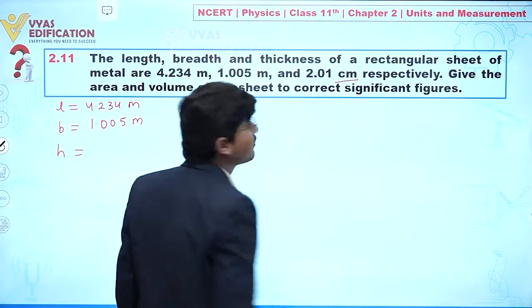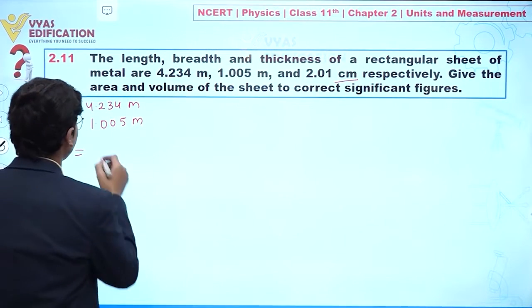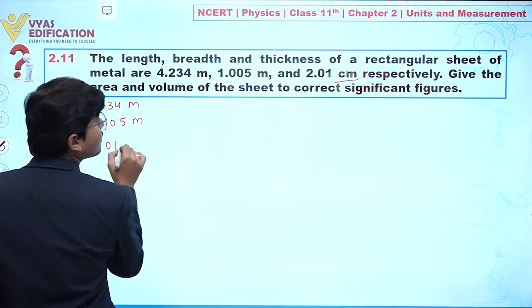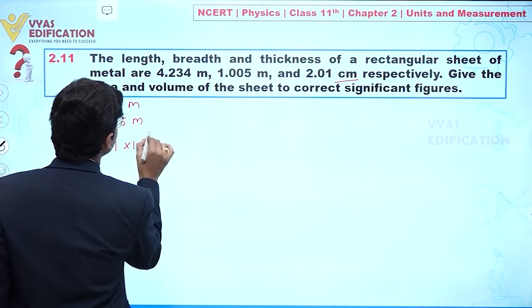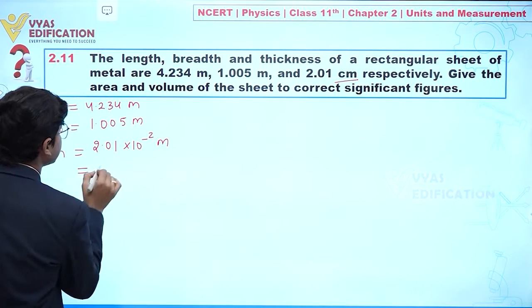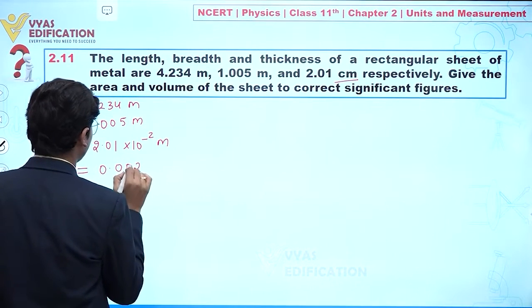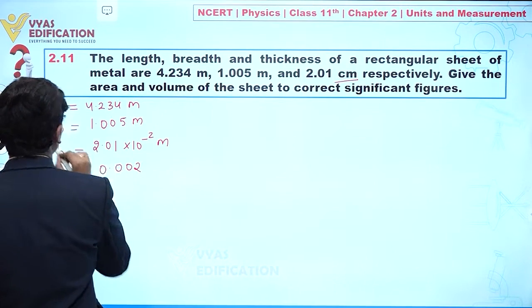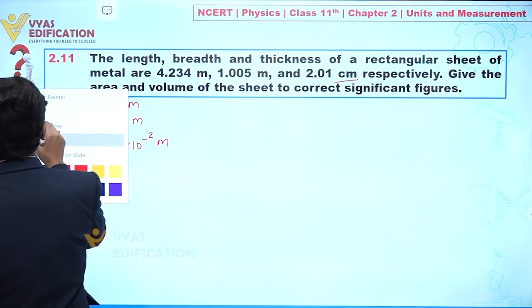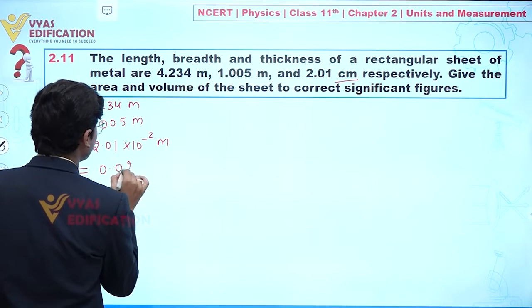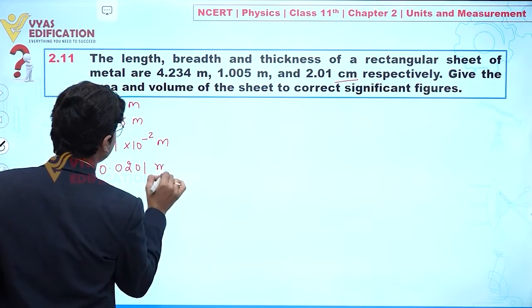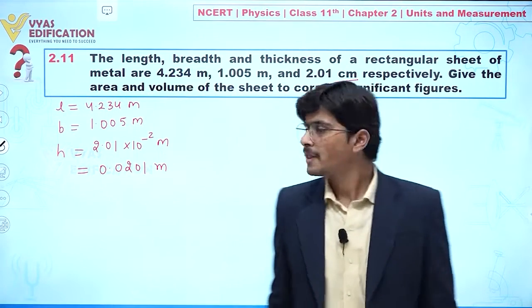Always keep in mind you have to convert this into meter. So 2.01 into 10 to the power minus 2 meter, which is equal to 0.0201, and this is in meter. Clear to everyone?